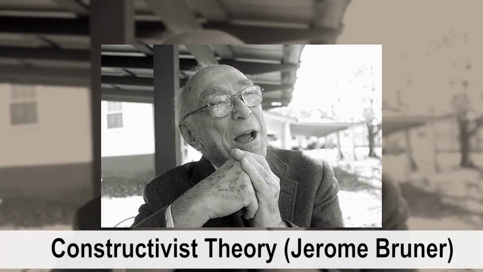For example, constructivist theory, and Jerome Bruner has been one of the major influential figures in this field. A major theme in the theoretical framework of Bruner is that learning is an active process in which learners construct new ideas or concepts based upon their current or past knowledge.